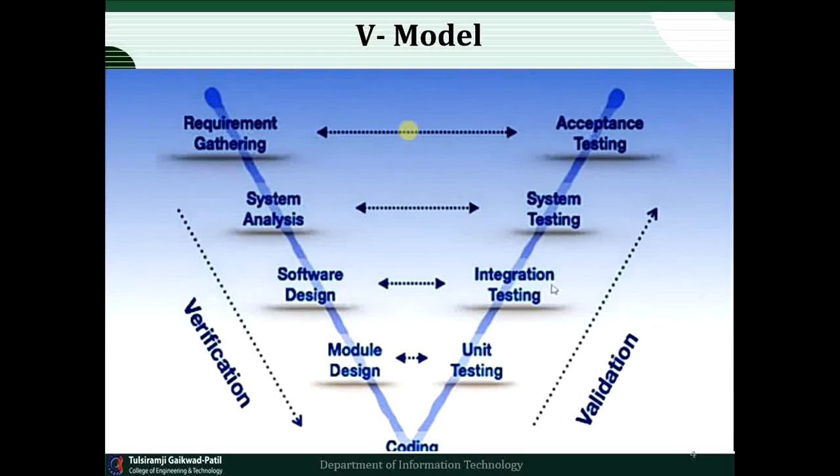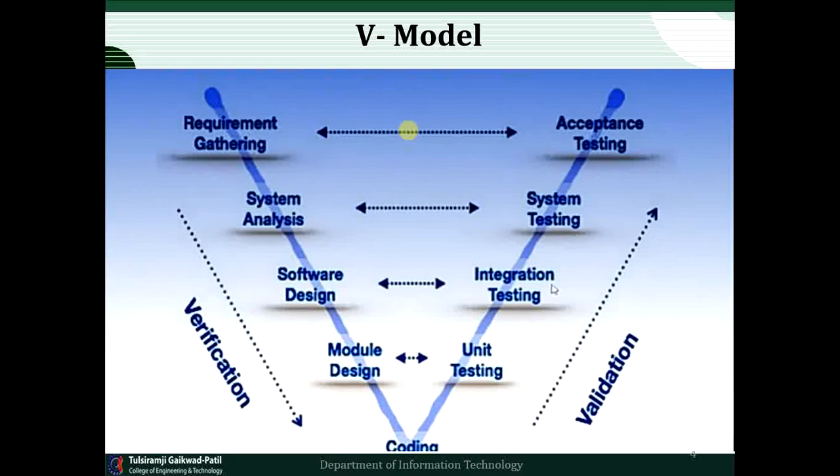The V model consists of two parts. First is the verification model and second is the validation model. It consists of requirement gathering, system analysis, software design, module design, coding, unit testing, integration testing, system testing, and acceptance testing. So these are the different phases of the V model.